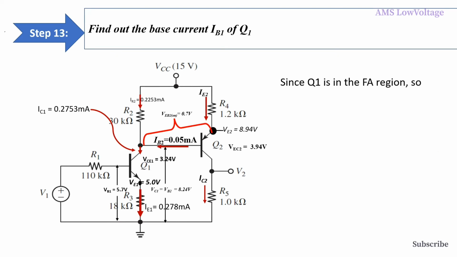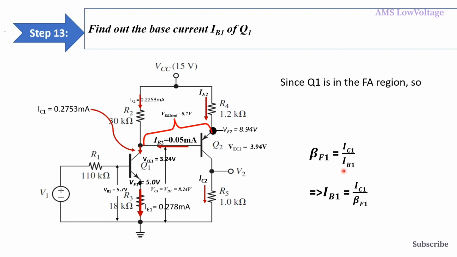Step 13. Find out the base current IB1 of Q1. Now it is easy to find the base current for this transistor. Since Q1 is in the forward active region, we can find its base current from this equation: beta F1 equal to IC1 over IB1.